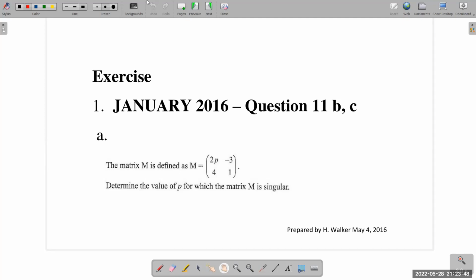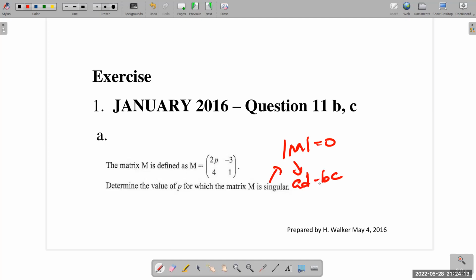All right, let's go. So here we see the matrix M has these values. And what is the first thing you realize? One of them has a letter, a variable. And look at what it says. Determine the value of p for which M is singular. What does singular mean again? Singular means that the determinant of M is equal to 0. What is the determinant of M? ad minus bc.